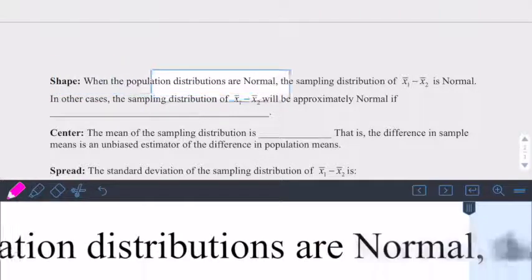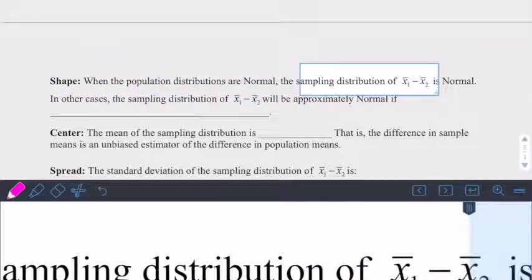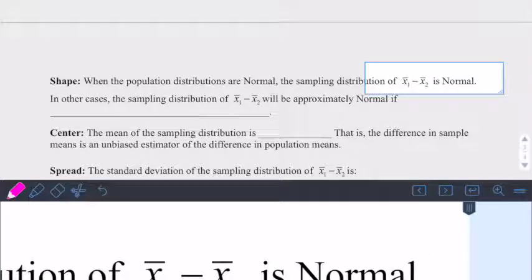So when population distributions are normal, the sampling distribution is normal, right? We already knew that.